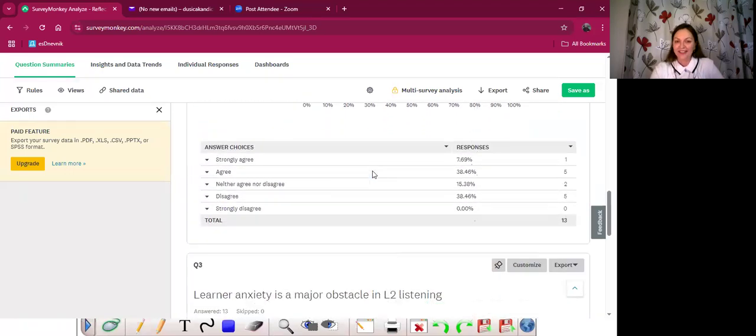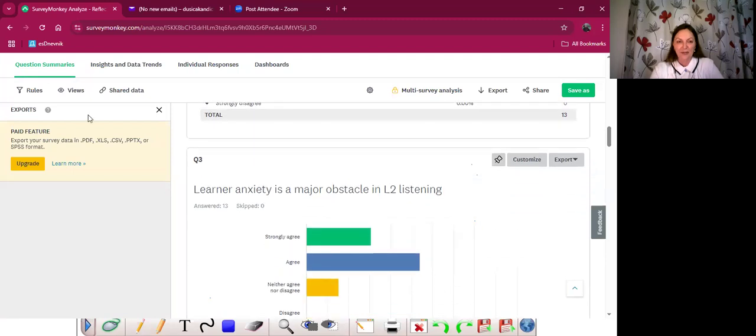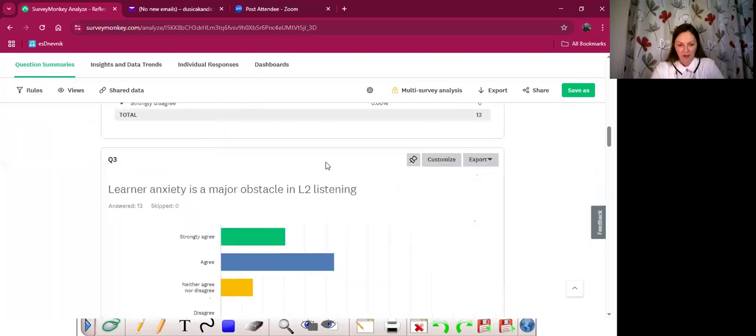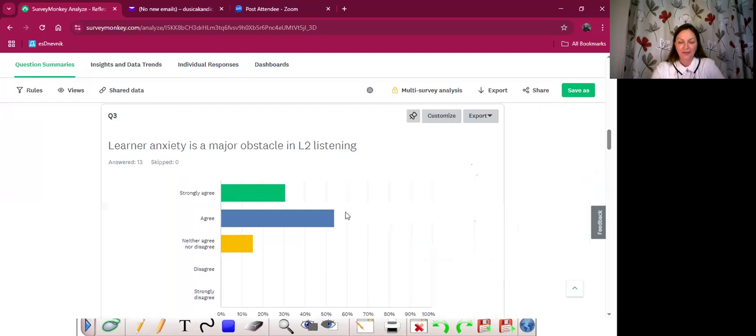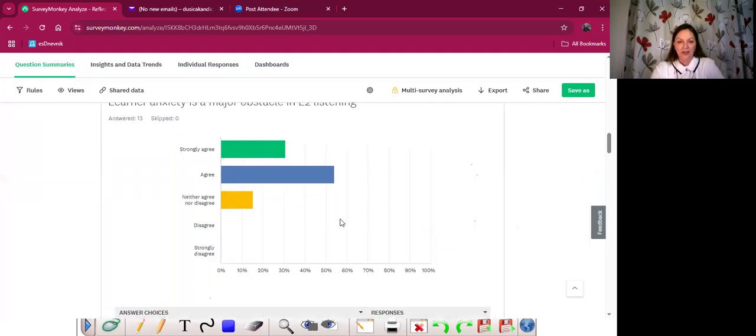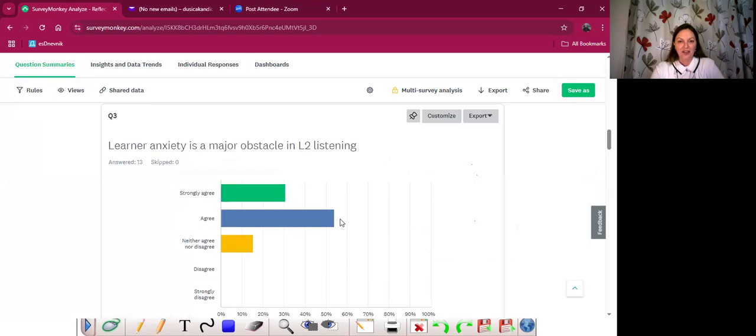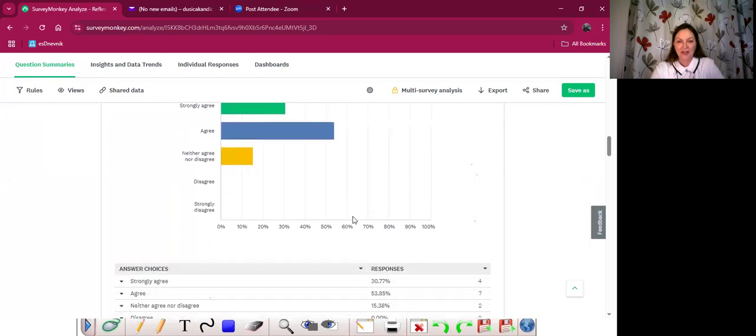Okay, next question. Learner anxiety is a major obstacle, and the majority agreed. Okay, so that means that we need to help them along the way and ease them into listening and support them.